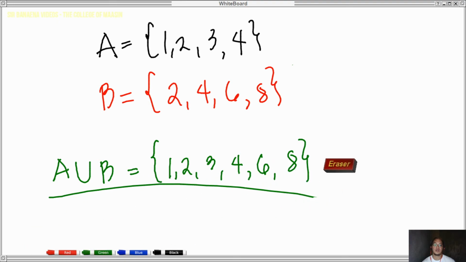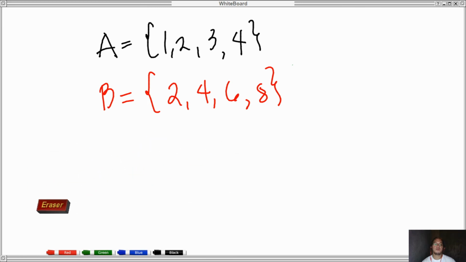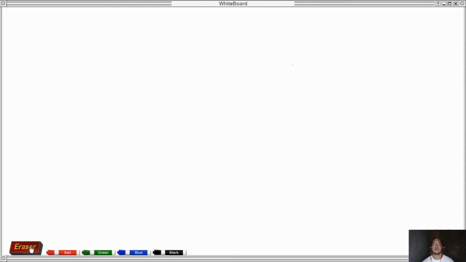Now again, remember, the union of sets is the combination or the joining of the elements, or you combine all of them, or you unify all the elements of the sets that we are going to write. I hope that was clear.